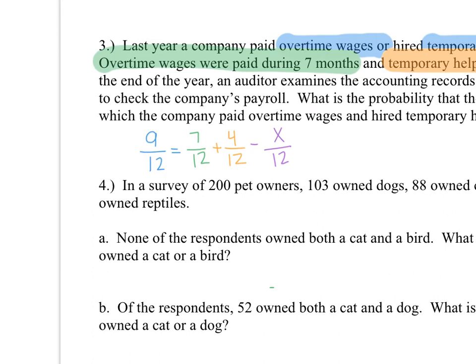So what were the overtime wages and hired temporary help? So what's 7 plus 4? 11, right? So 9 twelfths equals 11 twelfths minus however many is both. So 11 minus what is going to give you 9? 2.